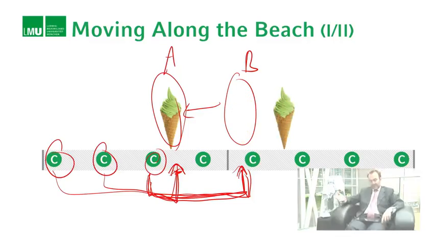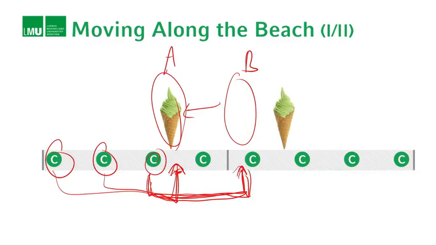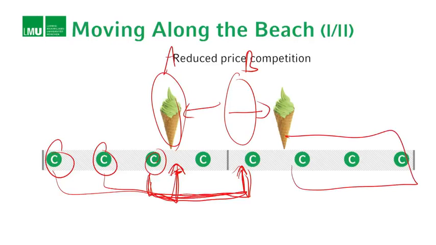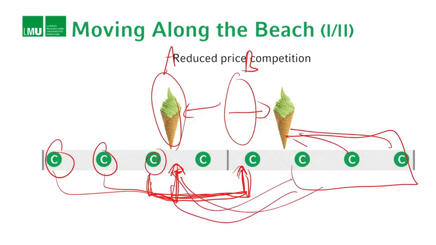Seeing that, seller B might move out as well. If he moves out as well, then he's going to have the same three consumers that would be much more interested in buying from seller B than from seller A. And competition only takes place for these two consumers.